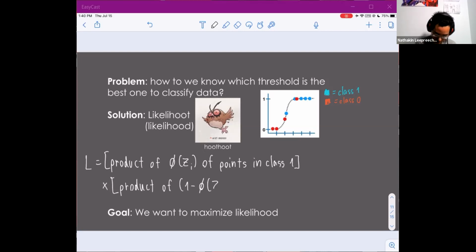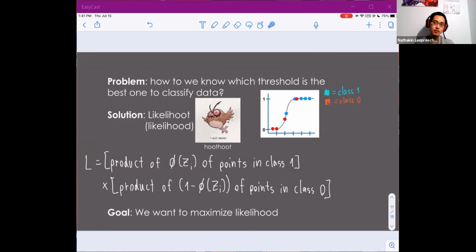Again, z is the output of the logistic function, for points in class 0. Let's see in the example how this equation works.